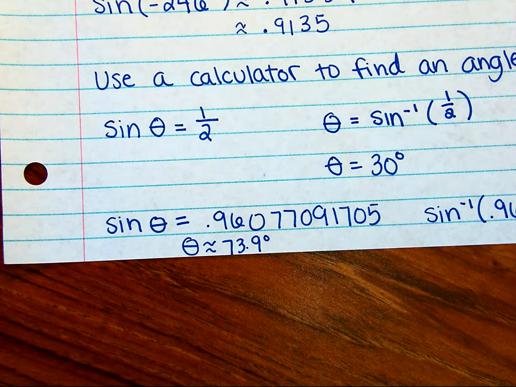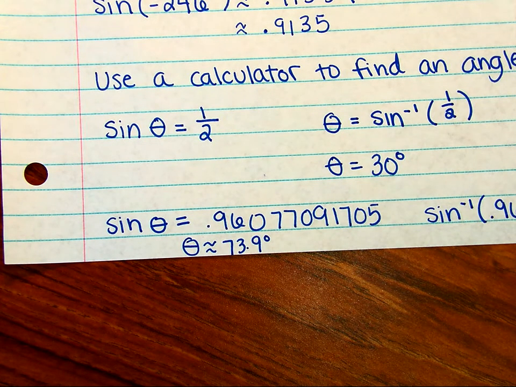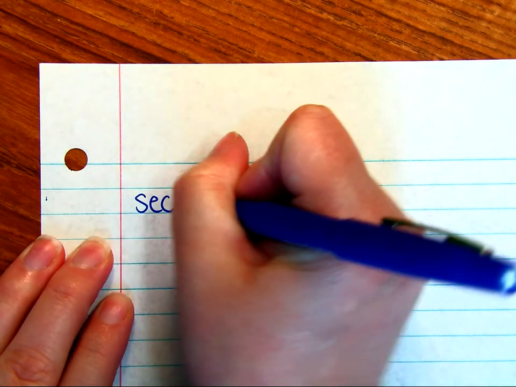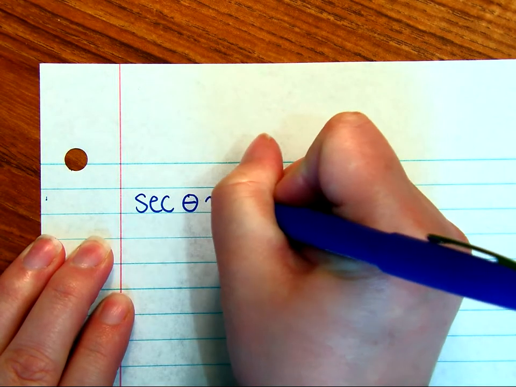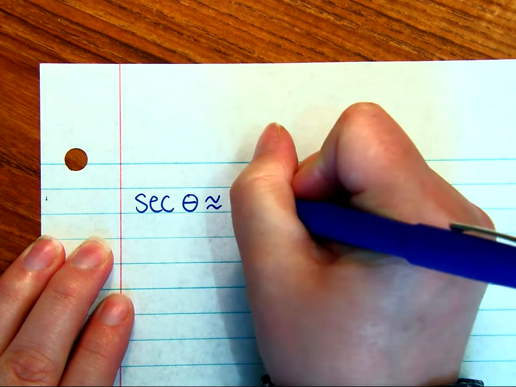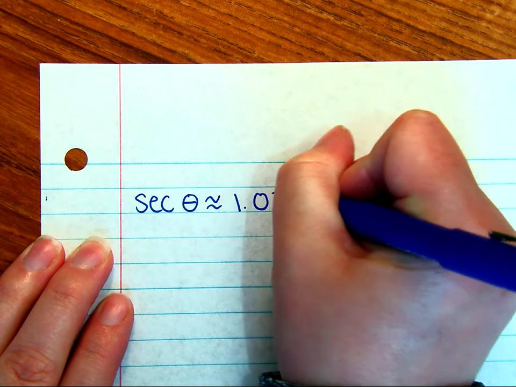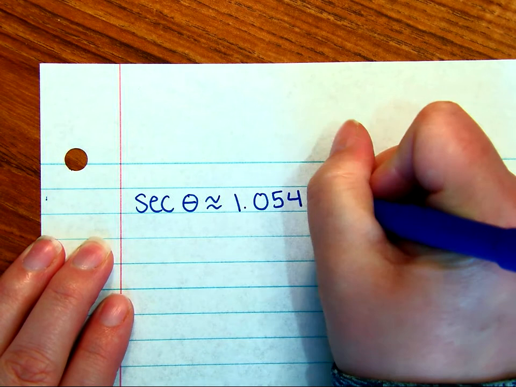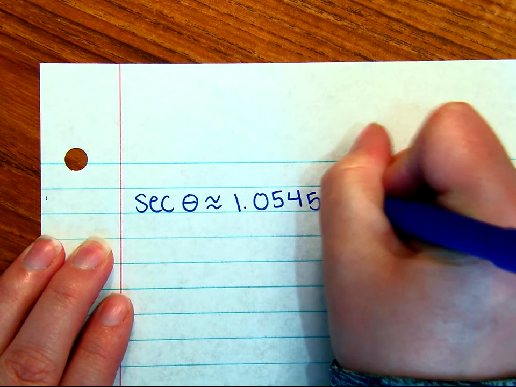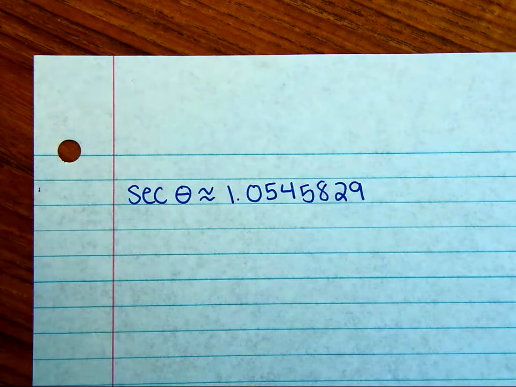Now, what happens? We're still using our calculator to find theta. However, what happens when they give you that the secant of an angle is about 1.054589? Okay? How am I going to figure that out?